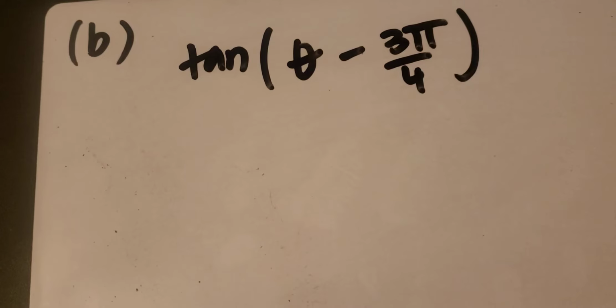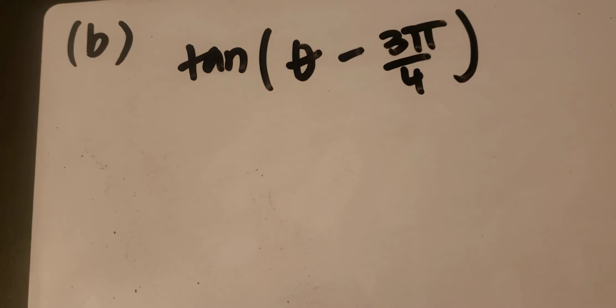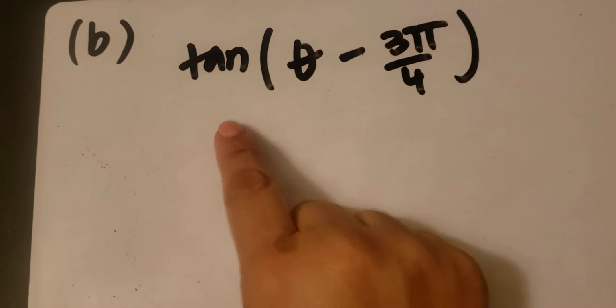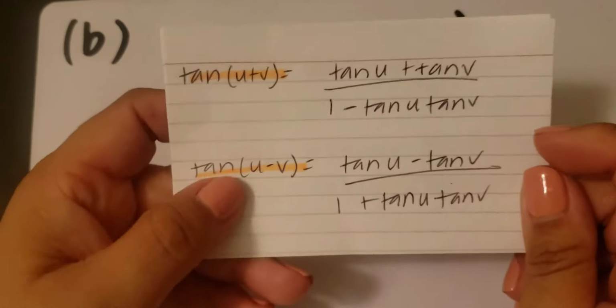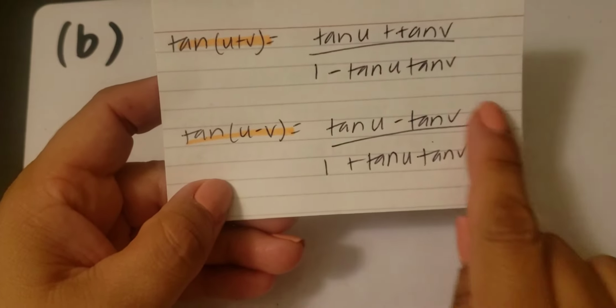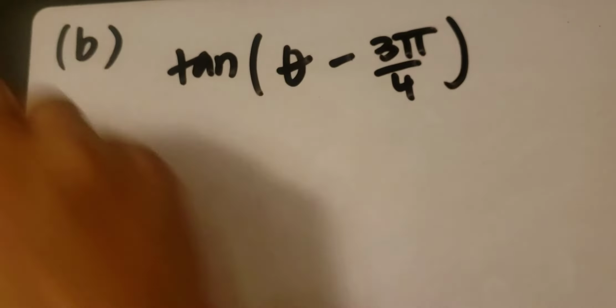For the next example, we're working with tangent, and the directions are the same. We have tangent of theta minus 3 pi over 5, I'm sorry, over 4. Once again, we're going to be using this property. Here we go.